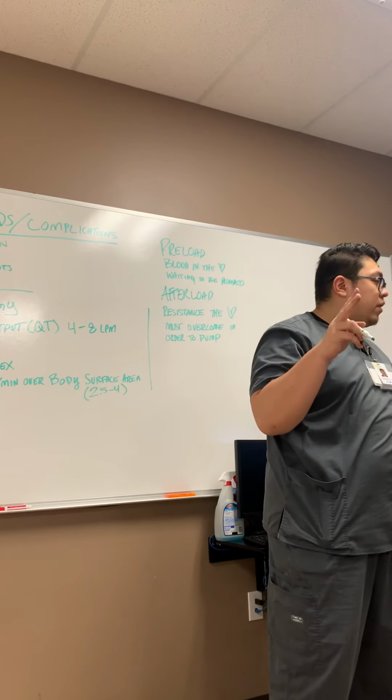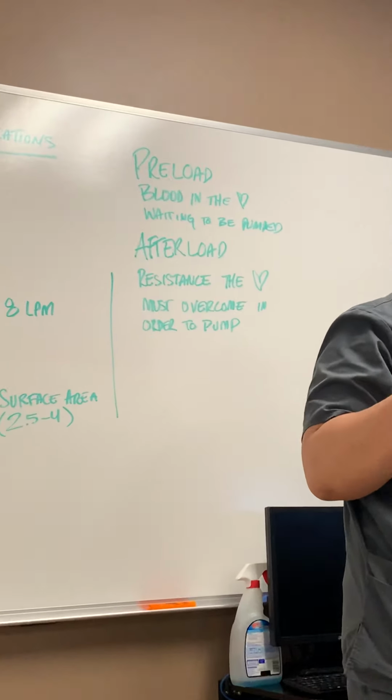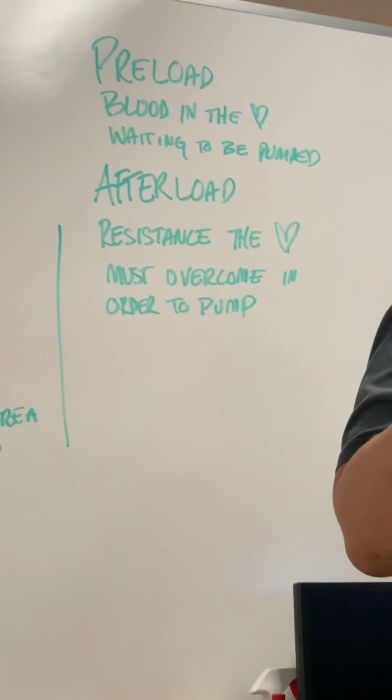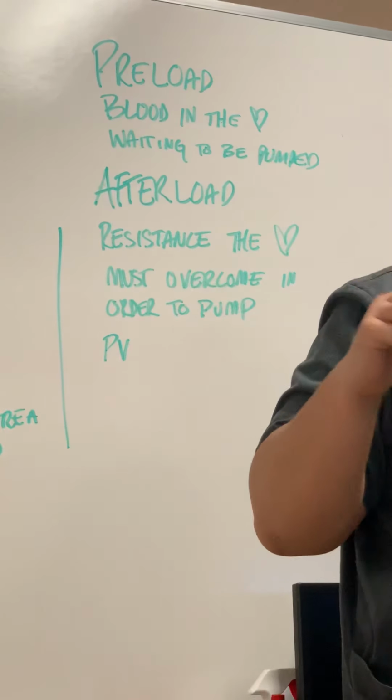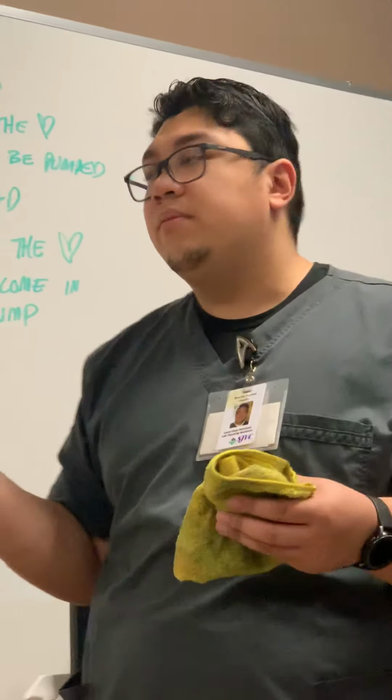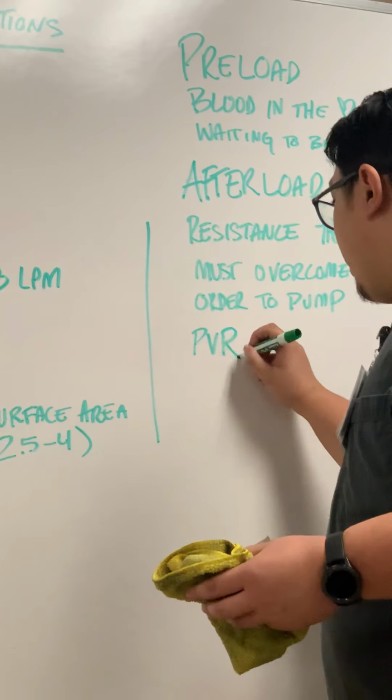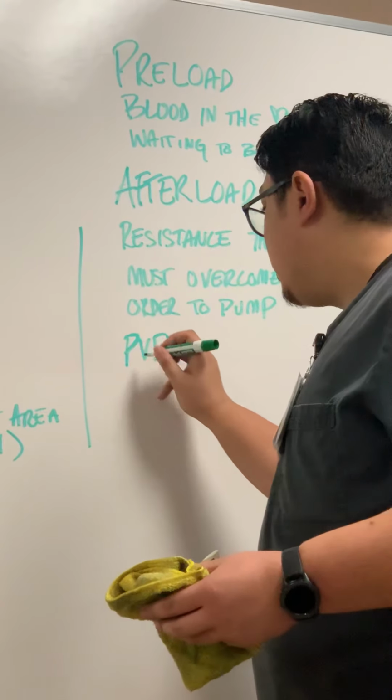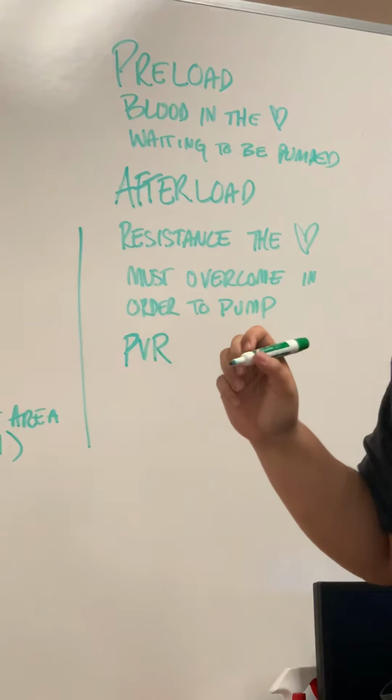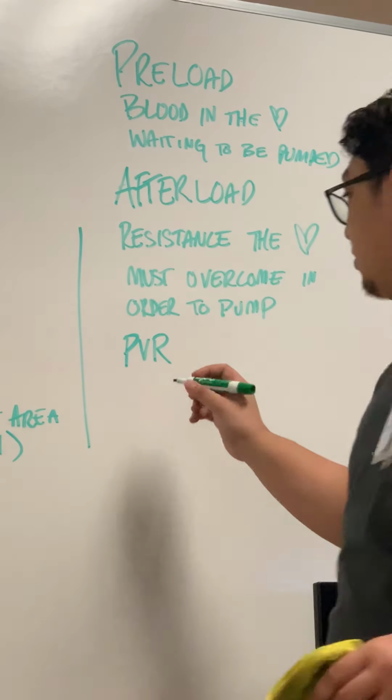So there are two parts to afterload. It's PVR and SVR. So PVR, I will give you a hint. That's how much resistance the right ventricle needs to overcome. So PVR, right? What do you think it stands for if I tell you that it involves the right ventricle?